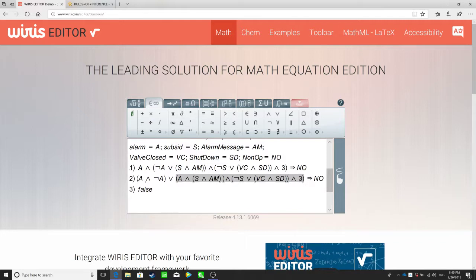If P1 is true, the whole expression is true. Make sense? So that's false or P1, and we can just get rid of this false. We only need this part.